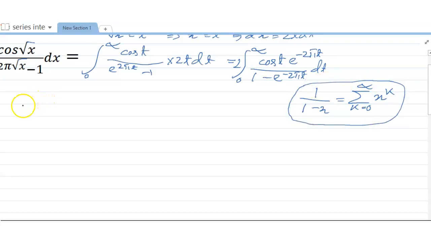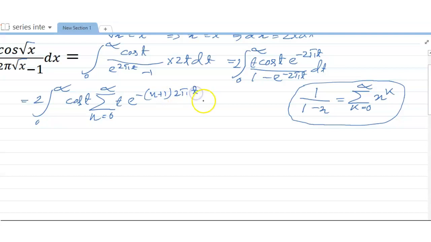It can be written this way: 2 into integral from 0 to infinity cos t into summation n equals 0 to infinity t into e to the power minus (n plus 1) 2 pi t dt.